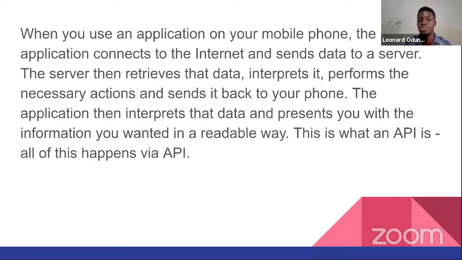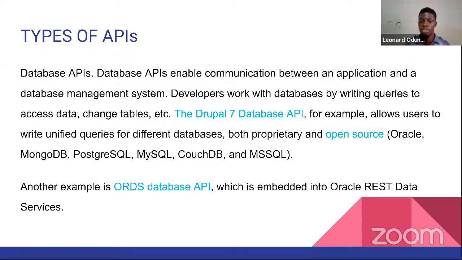These are APIs that are used to enable communication between applications and a database management system. There are different types of databases such as MongoDB, Postgres, MariaDB, MySQL, and so on. Examples of database APIs are the Drupal 7 database API or the Dots database API.